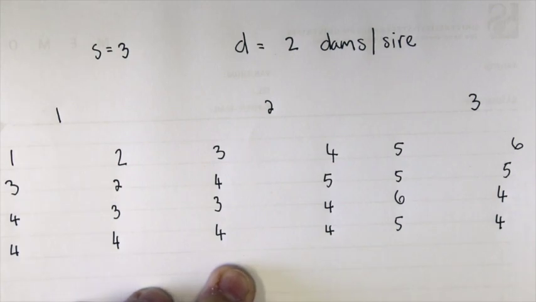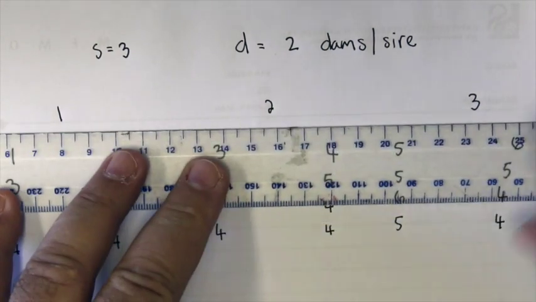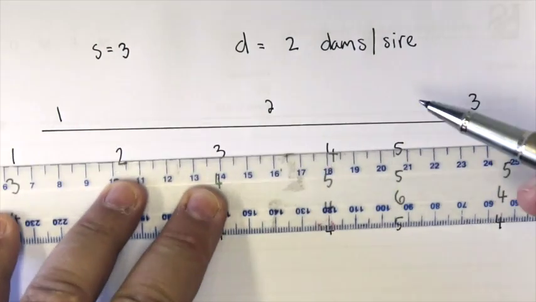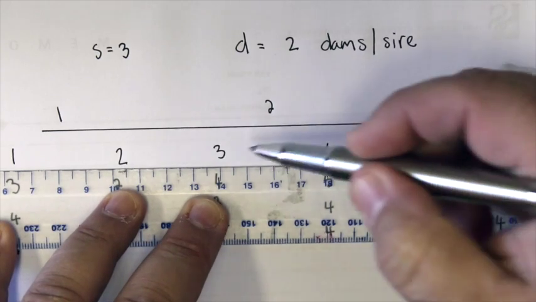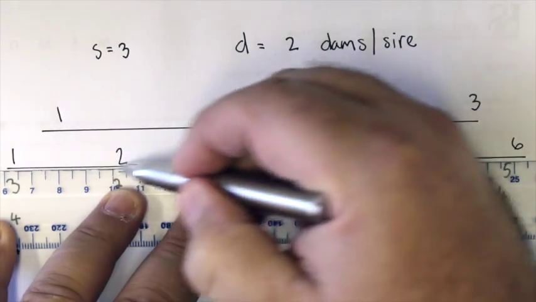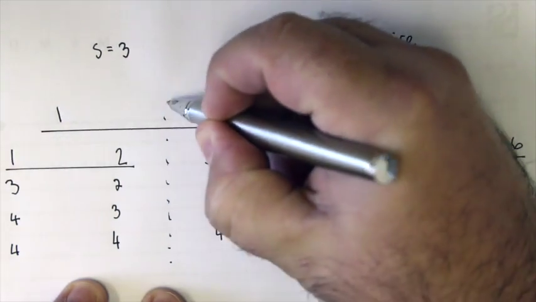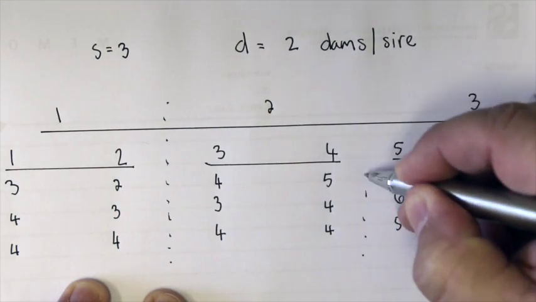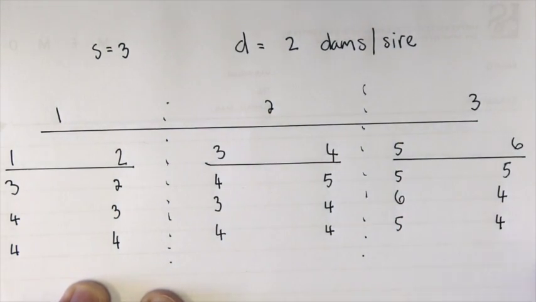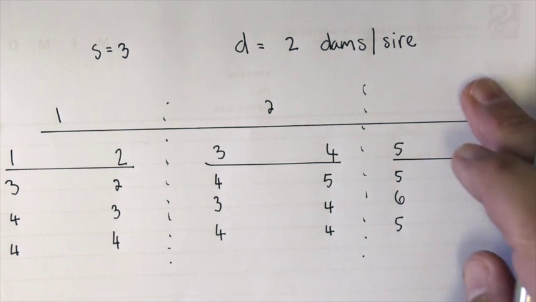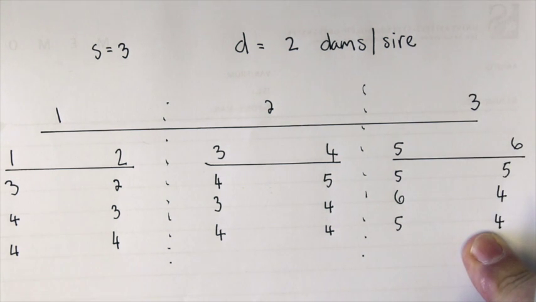For clarity's sake, let's do the following. So half-sib family 1, half-sib family 2, and half-sib family 3.